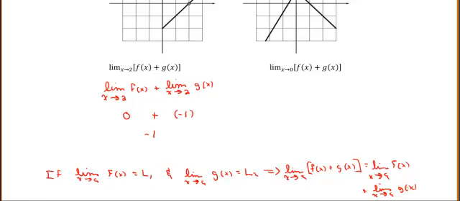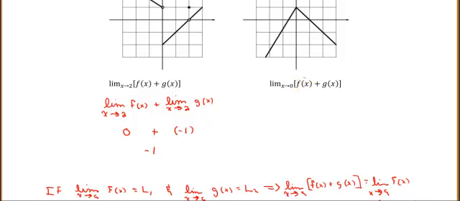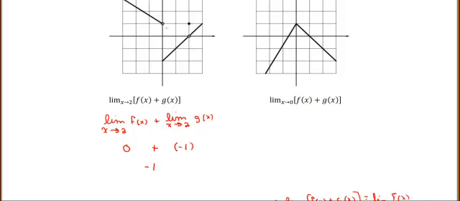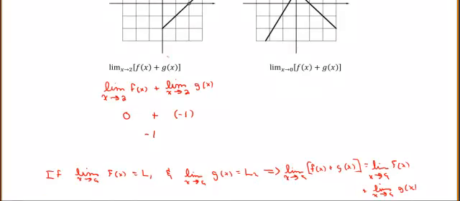All right? But that's if both of these limits exist. If we look at the limit of f of x as x approaches 0, that limit does not exist. When we approach from the left, we get 1. As we approach from the right, we get negative 2. So that limit does not exist.